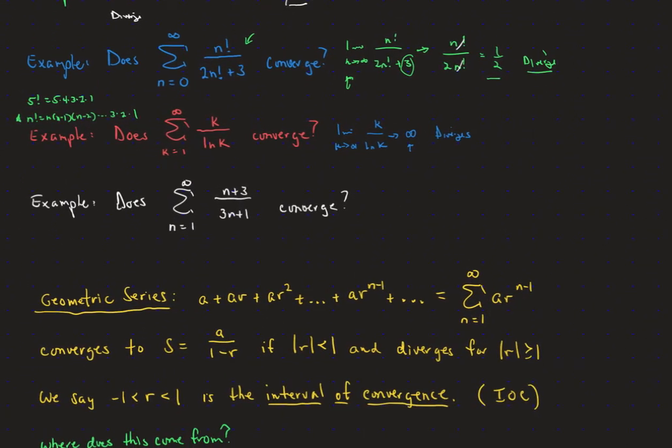Okay, yet another one. We're going to again take the limit as n goes to infinity of our nth term, and hopefully we can see as n gets really, really big, that plus 3 and the plus 1 are each insignificant. That will act more and more like n over 3n, which is 1/3.